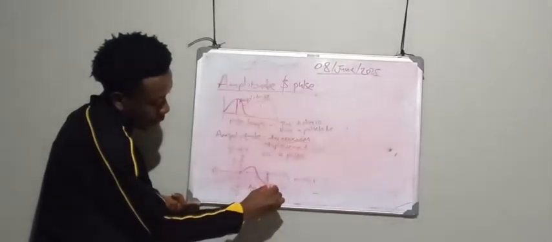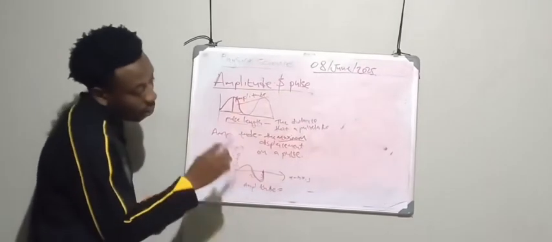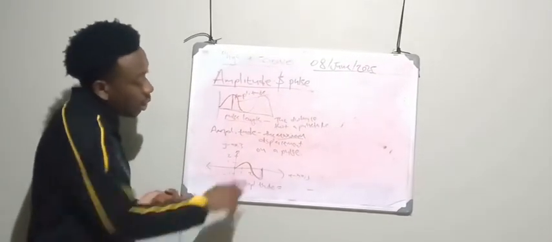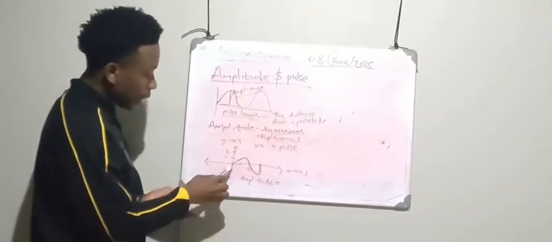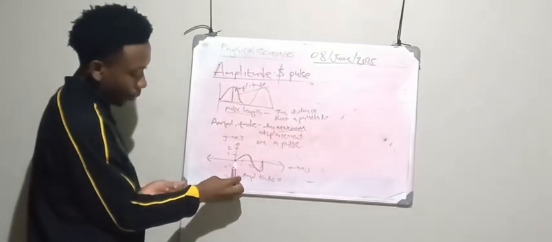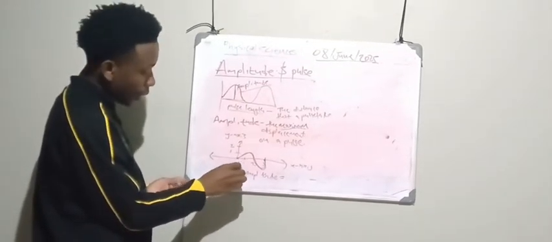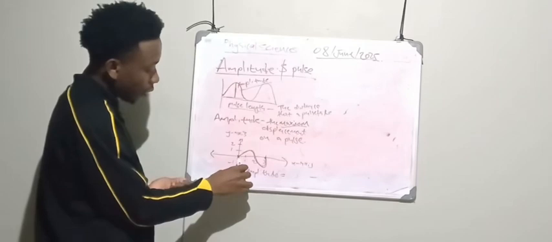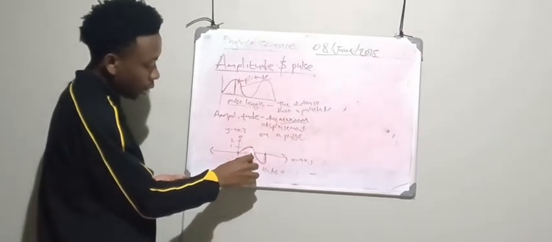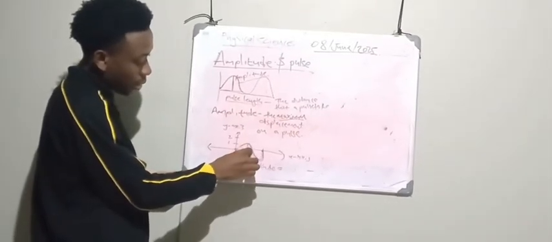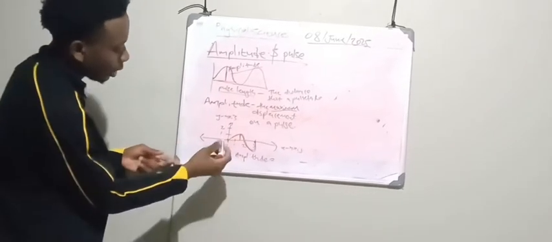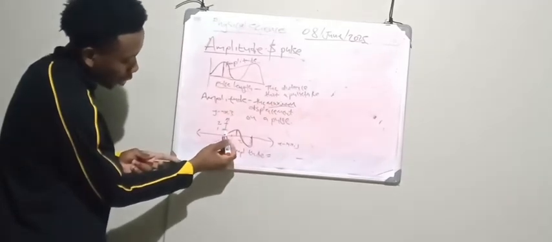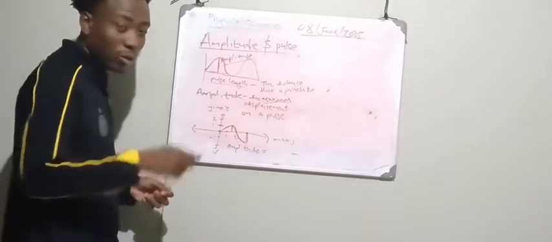Since you know the definition of amplitude is the maximum displacement on a pulse, which is the maximum? You start here from your initial, then you go to your maximum. This is where you determine the amplitude. You can clearly see that the maximum here is 1. So the magnitude of your amplitude is 1.